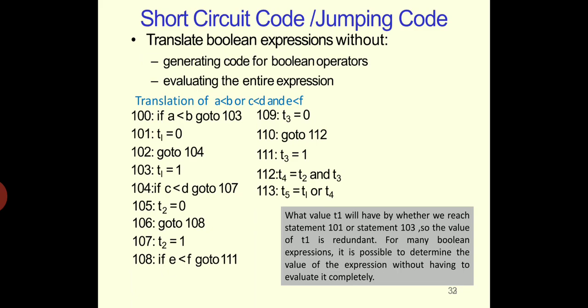So we can avoid generating code for Boolean operators. This AND is not required, OR is not required, and the entire expression need not be evaluated. From evaluating a less than b itself, we can get the result of the entire expression. If a less than b is true, the entire expression is true. That is called short circuit or jumping code.